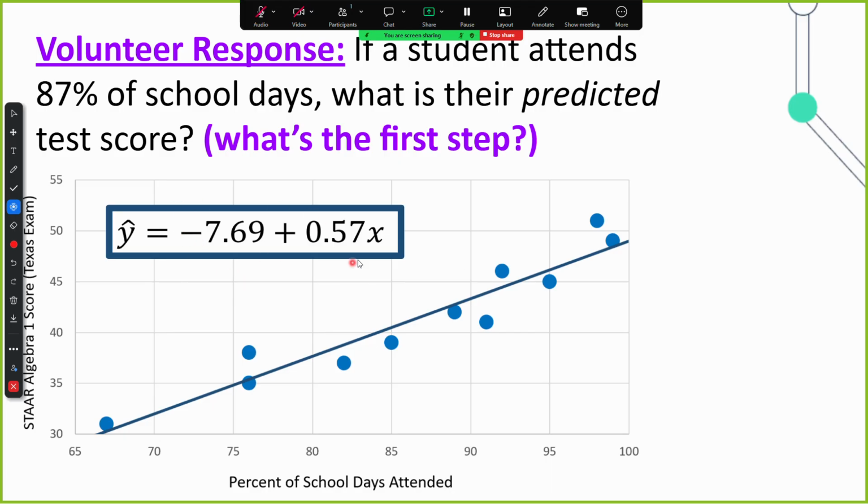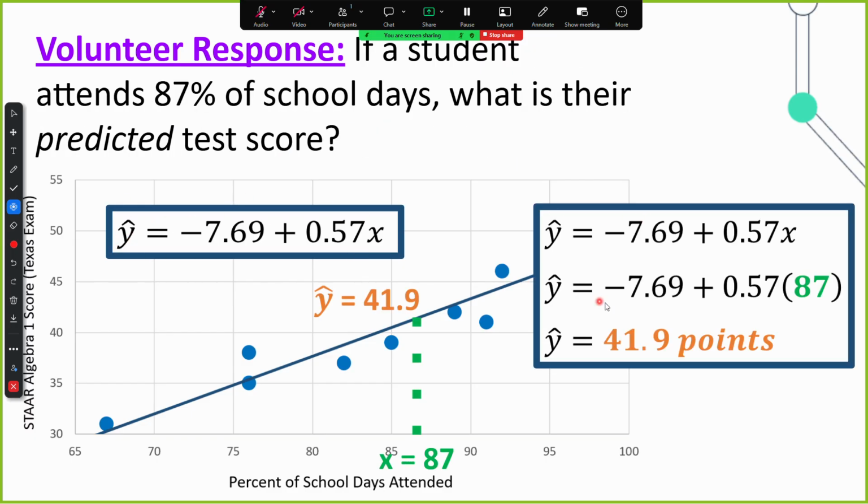Looking at this as the equation, we treat it just like a linear equation: if it's 87%, we plug in 87 for x and get what the y response is. If we plug that in, we get 41.9 as our output, and that's the prediction. So if someone attends 87% of school days, their predicted score is a 49. That's not necessarily what their actual score will be, but that's what we predict.